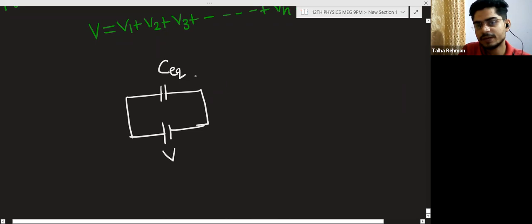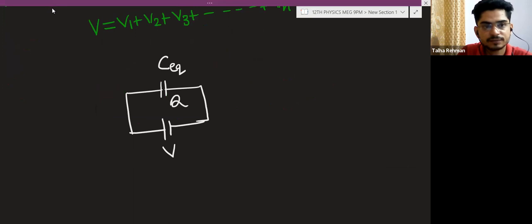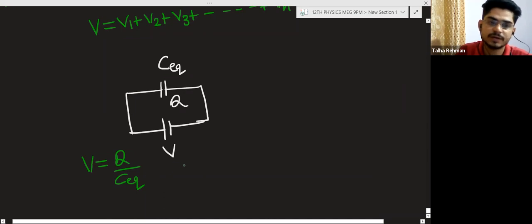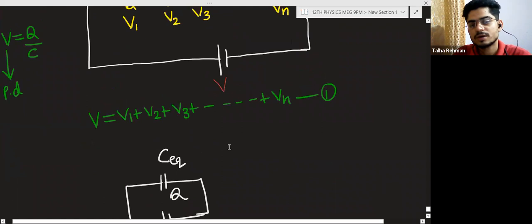And we have to find this C equivalent. We know that the charge is Q. The charge will remain the same. So I can write V is equal to Q divided by C equivalent.